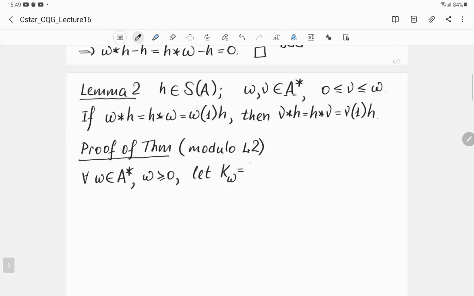This is the set of those states H on A for which the following formula holds. So what we are going to do is to construct a state H which satisfies these relations for each omega.